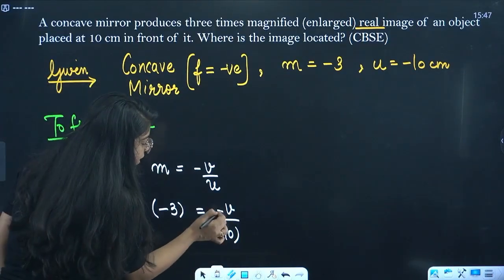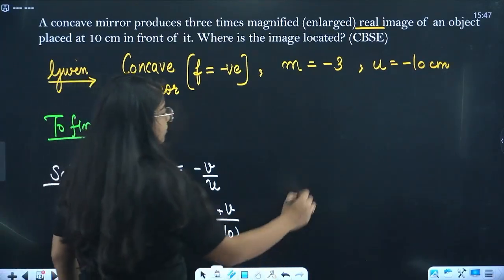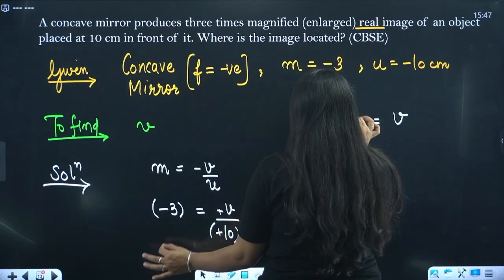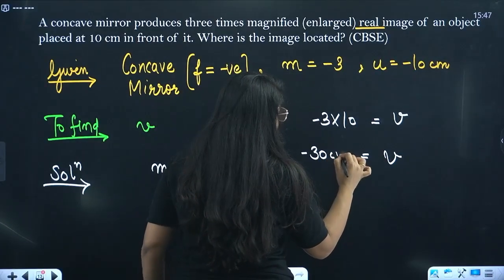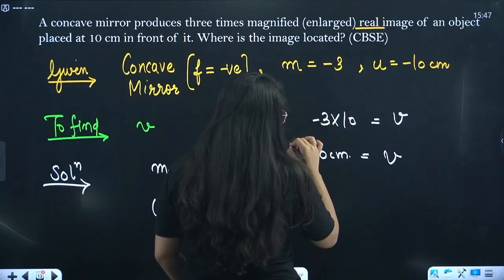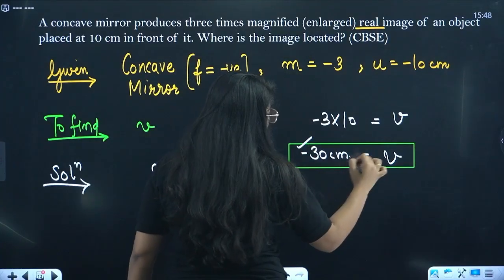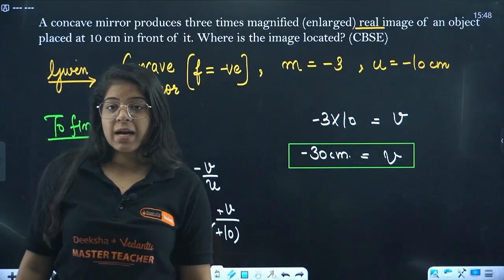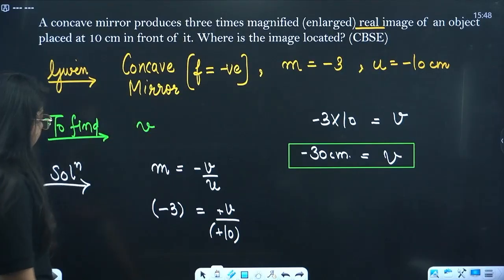Now can I cancel these two signs? These are in the denominator, minus minus cancels out, v goes here, so v comes to minus 3 into 10. So v comes out to be minus 30 centimeters, and we have a proper sign as well as centimeter, that is your units, along with your whole answer, and put the answer in a box. Done? Okay, moving on, next numerical.